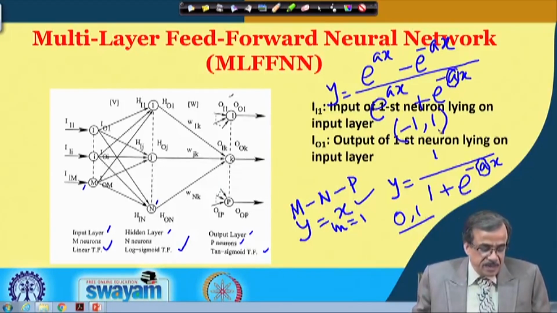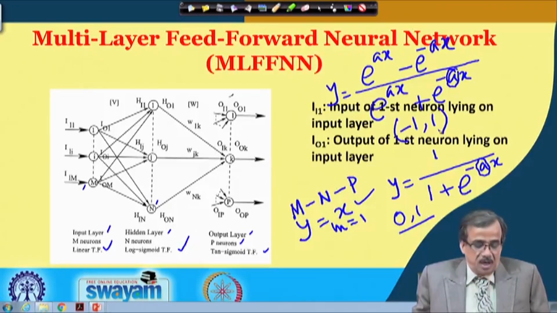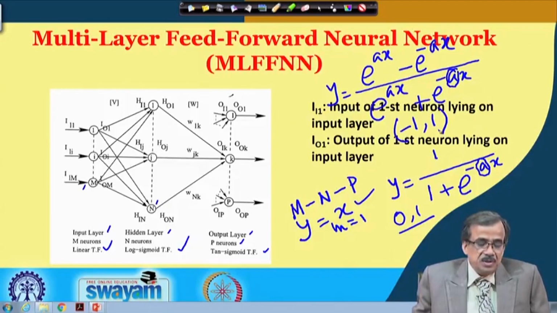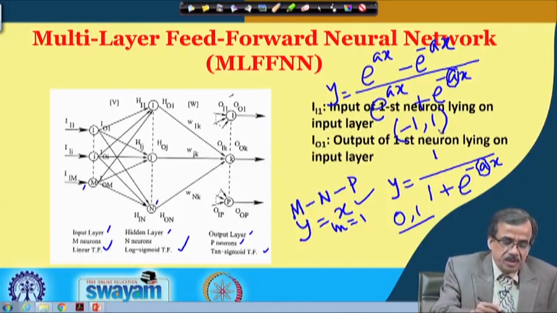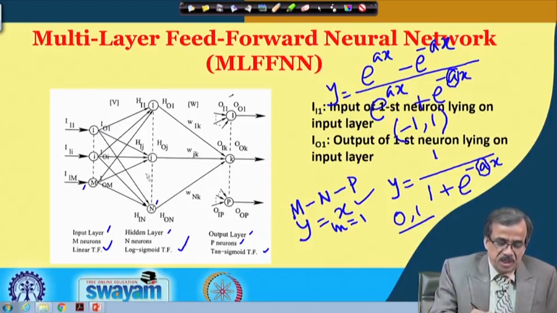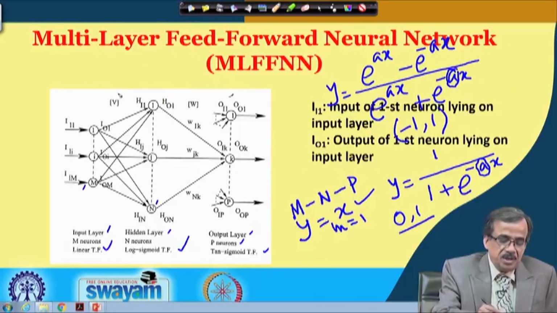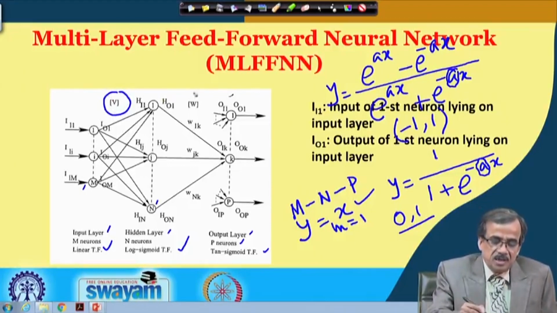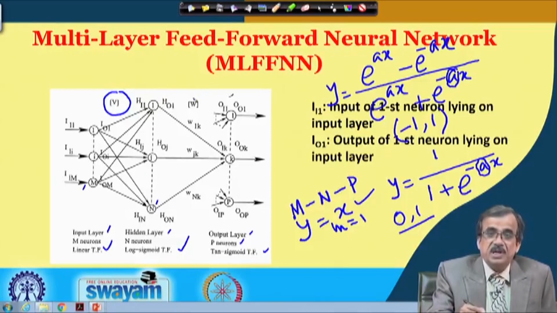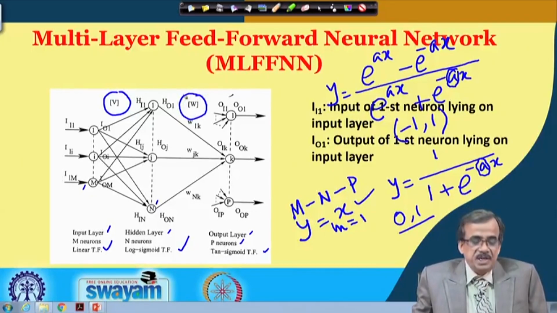So, this is regarding the different types of transfer function used in the different layers of this particular network. Then come the connecting weights: those between the input layer and the hidden layer are denoted by the V matrix, and similarly the connecting weights between the hidden layer and the output layer are denoted by the W matrix.